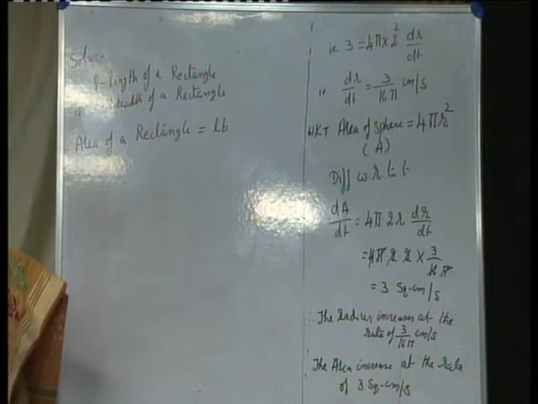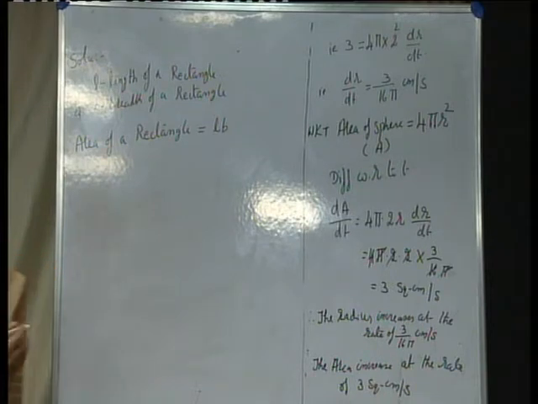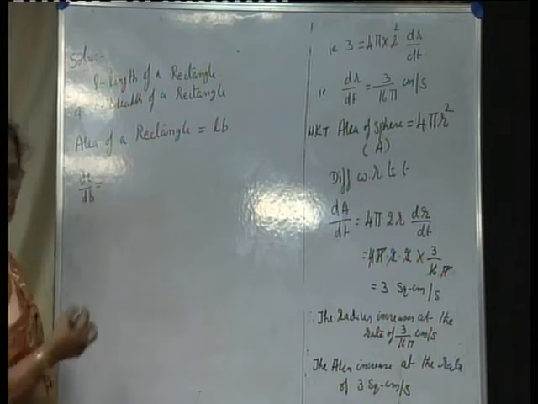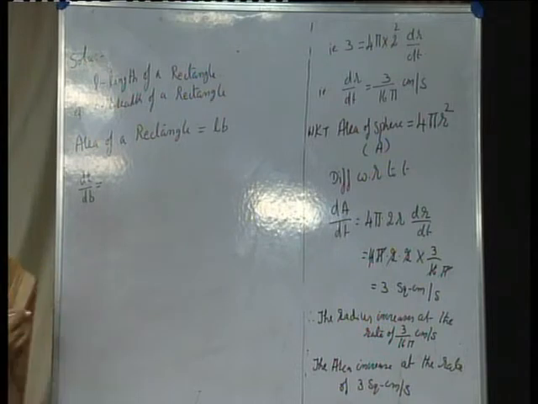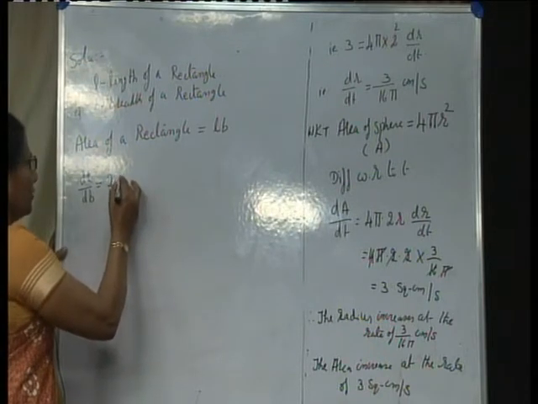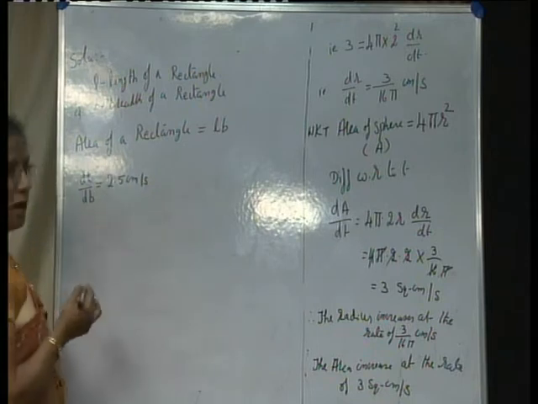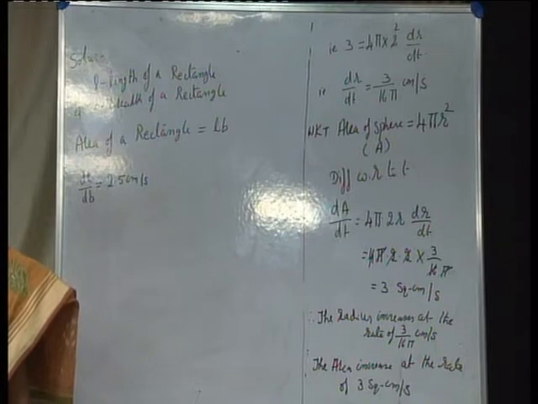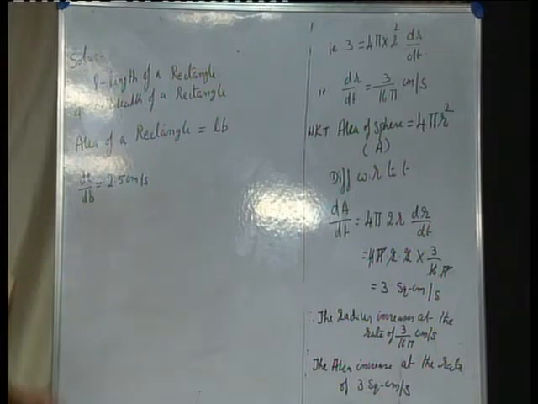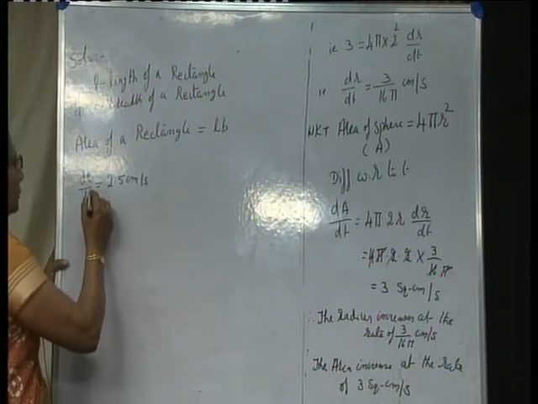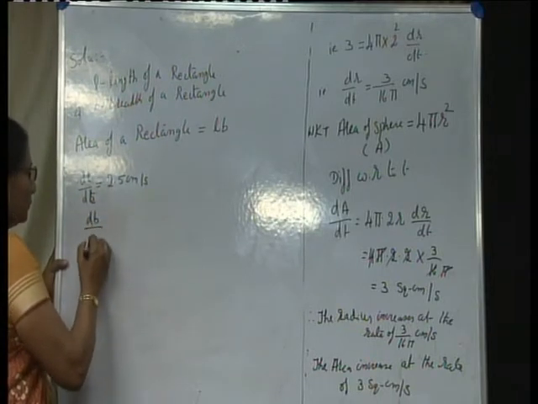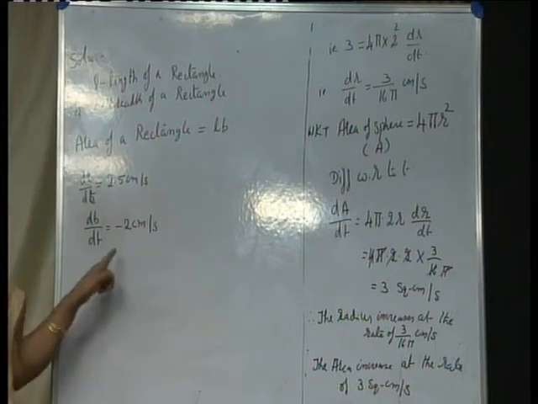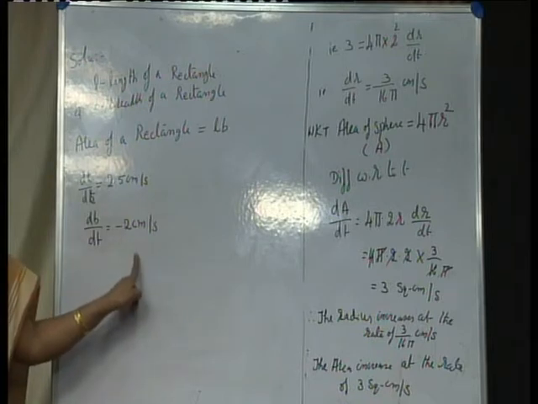What is given? The length of a rectangle is increasing, dL by dt is 2.5 centimeter per second, and its breadth is decreasing at the rate of 2 centimeter per second. Since it is decreasing, we have to use the minus sign.